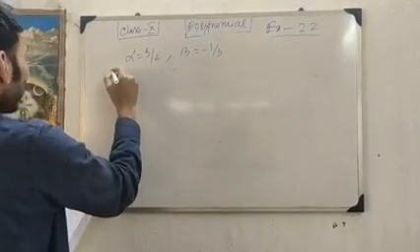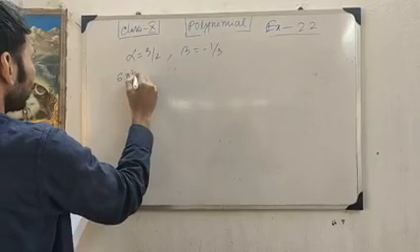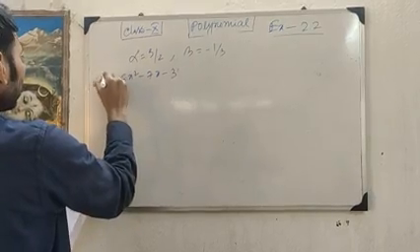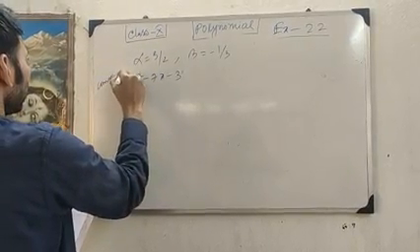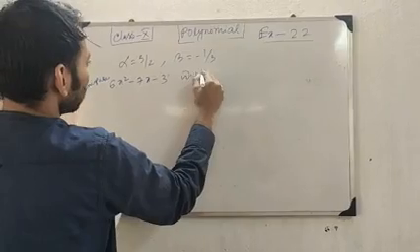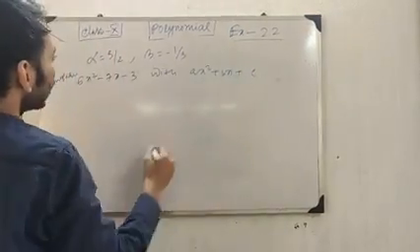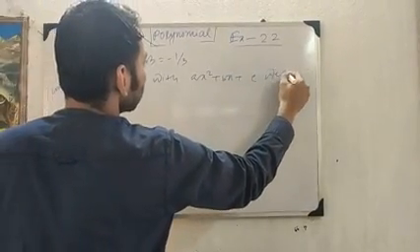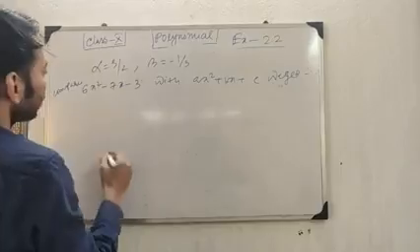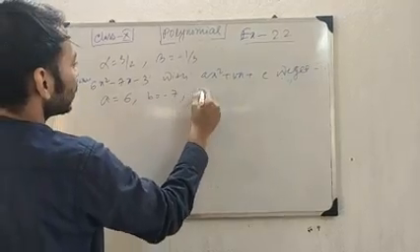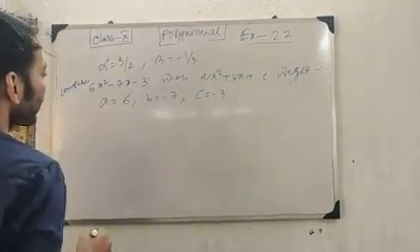Now again compare it with ax square plus bx plus c. We will get a equal to 6, b equal to minus 7, c equals to minus 3.